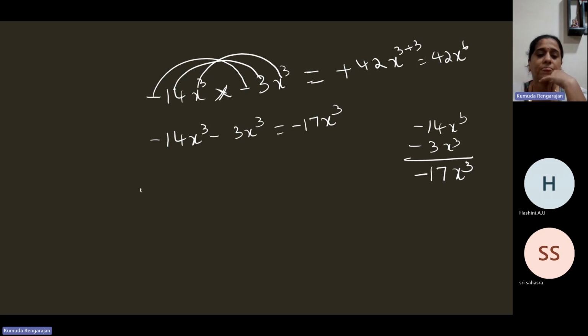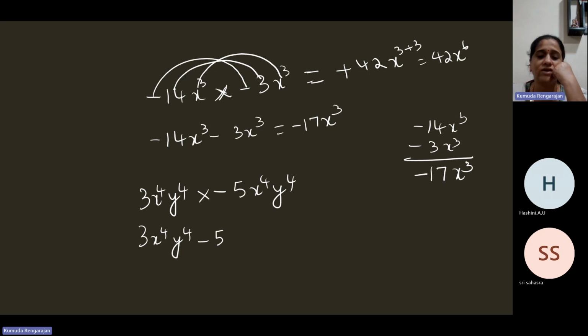What is 3x to the power 4 y to the power 4 into minus 5x to the power 4 y to the power 4? And what is 3x to the power 4 y to the power 4 minus 5x to the power 4 y to the power 4? The first one is multiplication.